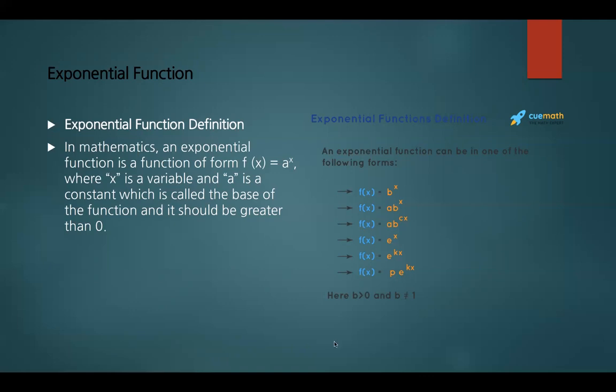You can see here an exponential function can be one of the following forms: for example, f(x) equals b power x, f(x) equals a b power x, f(x) equals a b power cx, f(x) equals e power x, f(x) equals e power kx, f(x) equals p e power kx.